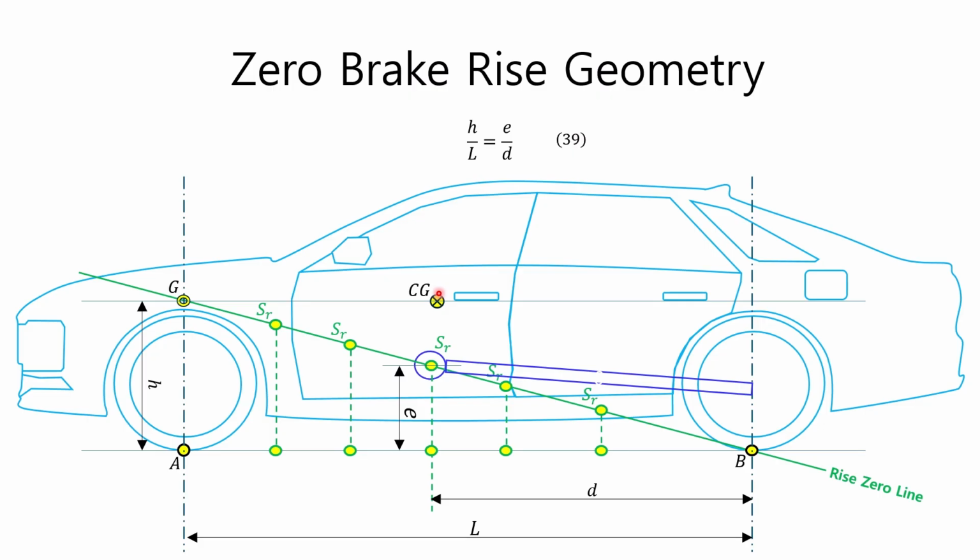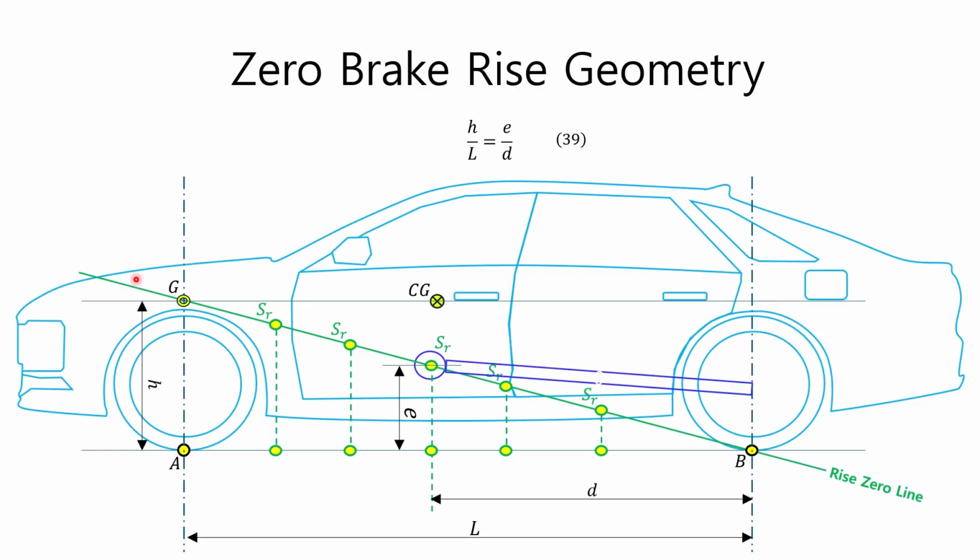The forces acting on the left and right wheels combine into a single force at the center longitudinal section of the vehicle. It is assumed that the center of gravity of the vehicle is located at the center longitudinal section of the vehicle.